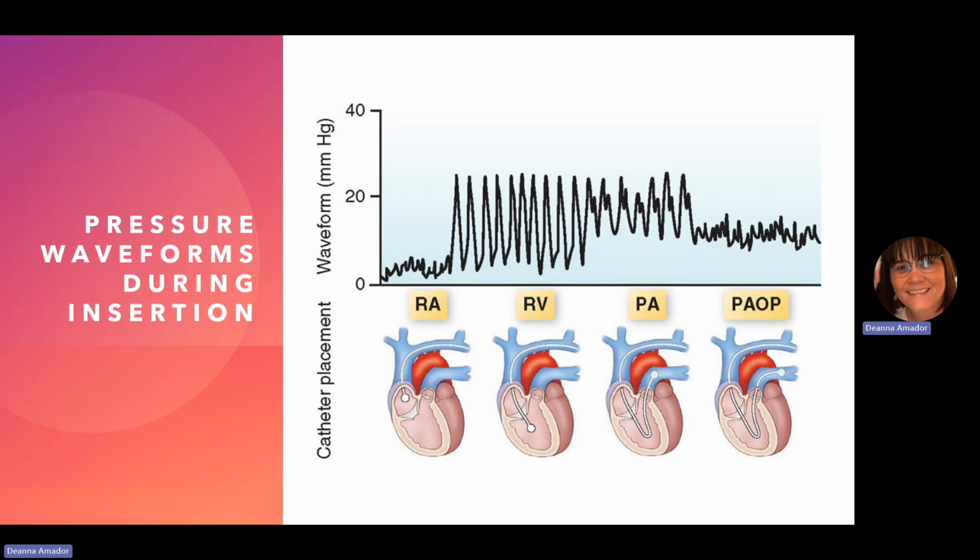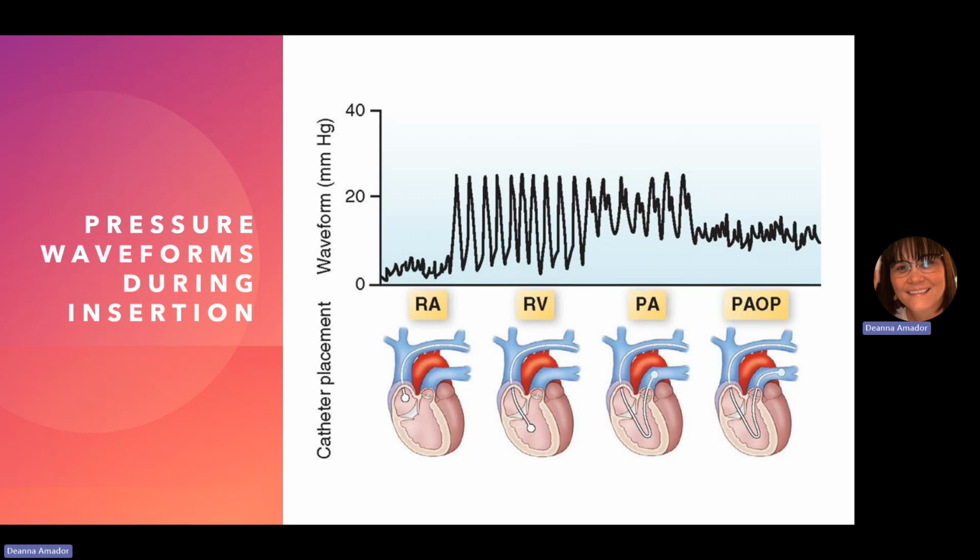Right atrium, as it goes down into the right ventricle, here you see this. A lot of times, if you had an EKG up here, you might see some VTAC. But this is the right ventricular pressure waveform. The catheter would then go up and sit within this pulmonary artery. This is the waveform you would see.